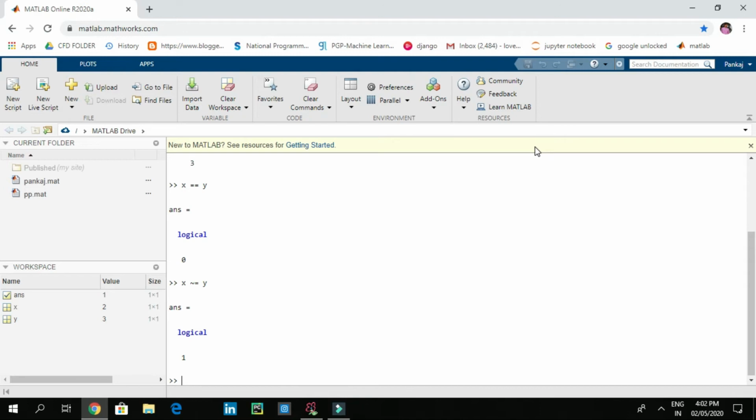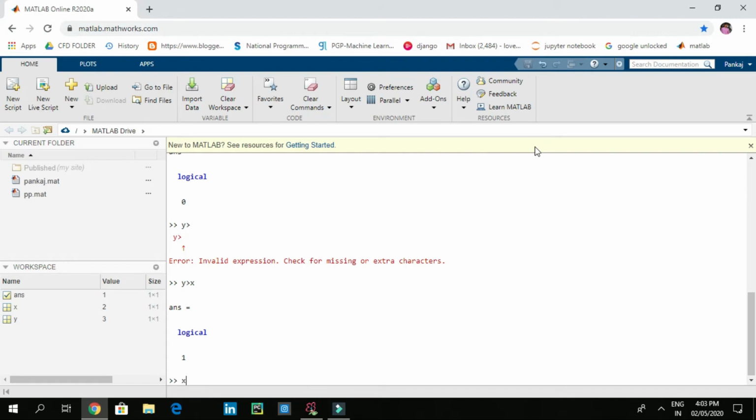So let's try x is greater than y. It gives 0, which means x is not greater than y. Obviously 2 is not greater than 3. Let's try y is greater than x. It gives 1, which means it's true. 3 is greater than 2.